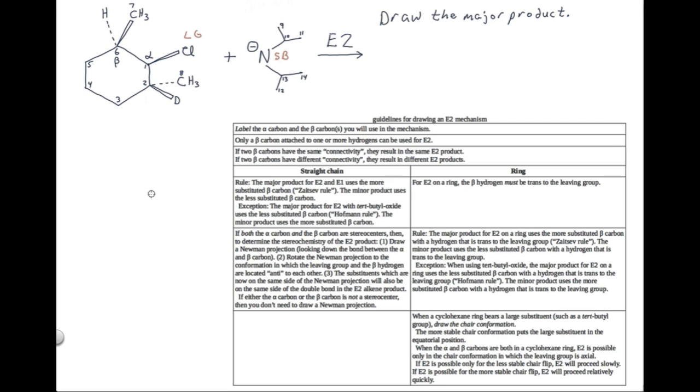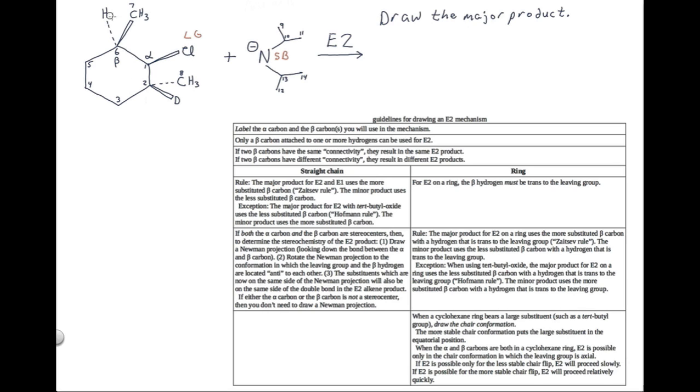By the way, I forgot to mention, just to remind you, the reason why the beta hydrogen has to be trans to the leaving group is so that it can be anti to the leaving group. Clearly, this deuterium can't be oriented anti to this chlorine if they're both pointing in the same direction. But it would be possible for this hydrogen to be anti to this chlorine because they're on opposite sides of the ring.